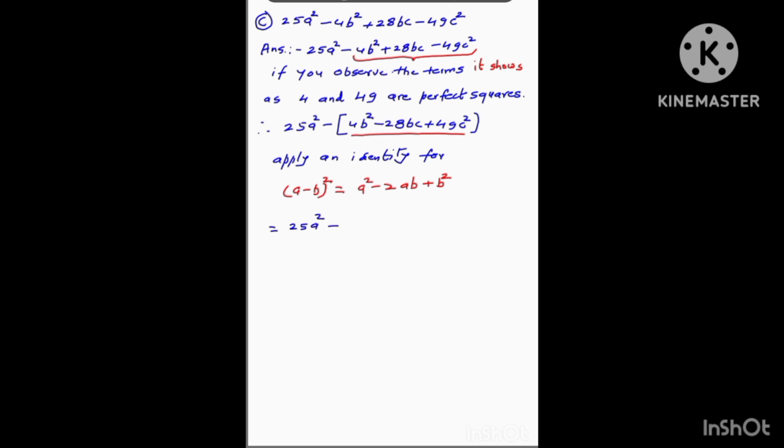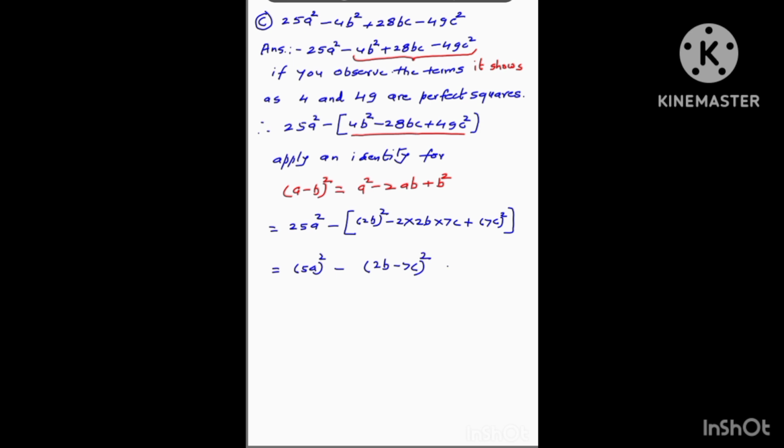So if you apply it, 25a square minus into the bracket 2b square minus 2 into 2b into 7c, and 7c square, okay. Now write it. 25 can be written as 5 square, so 5a whole square minus the bracket 2b minus 7c square.